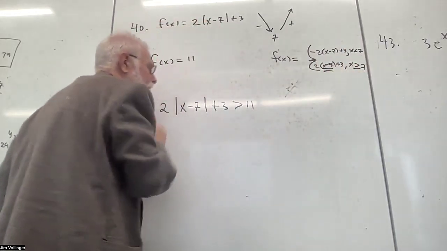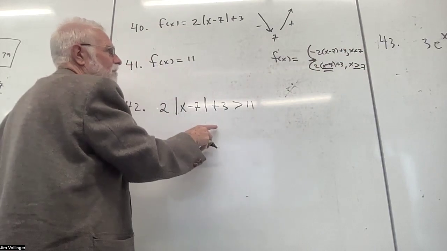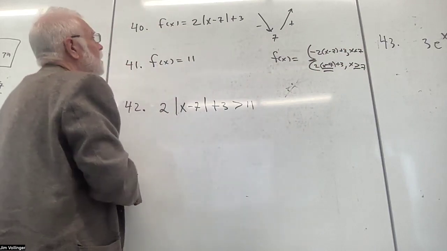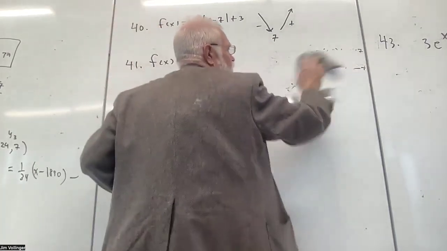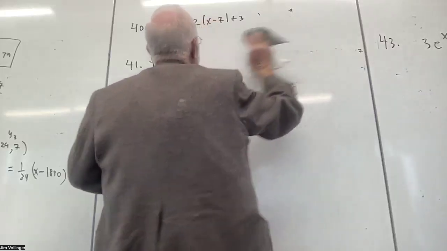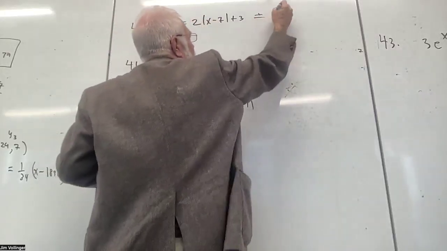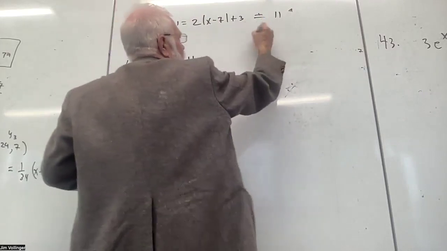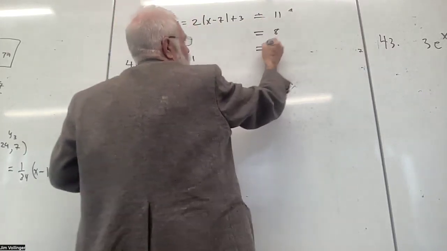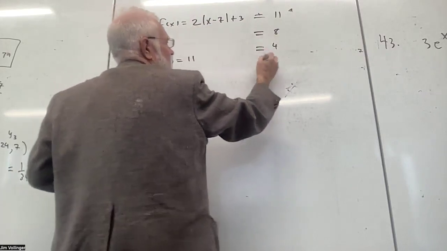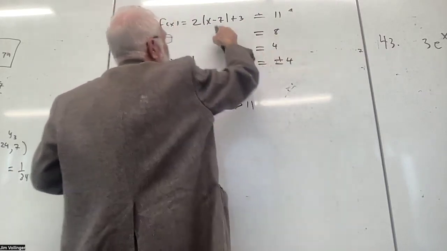Oh, maybe I can. All right, so when am I greater than 11? No, I got to solve this for 11. All right, so let me erase this. I used to use those branches, but we are now really looking at the process. Subtract 3, divide by 2, take the plus minus, and add 7.